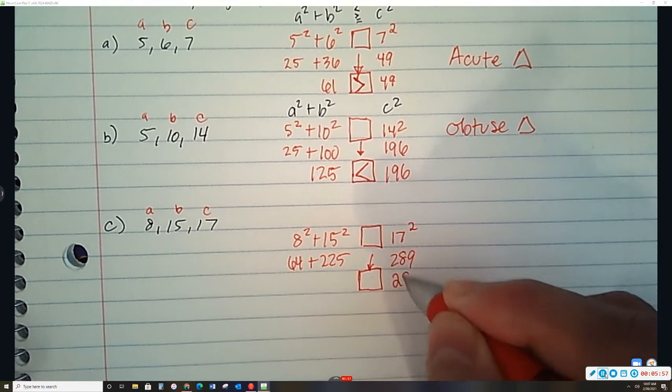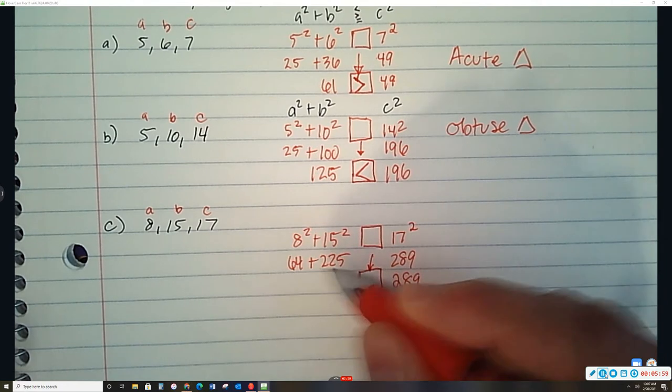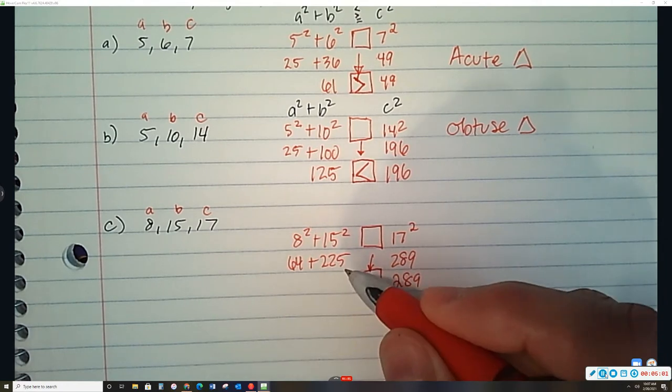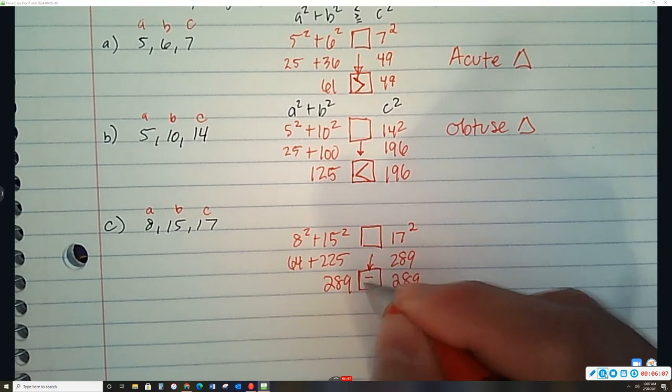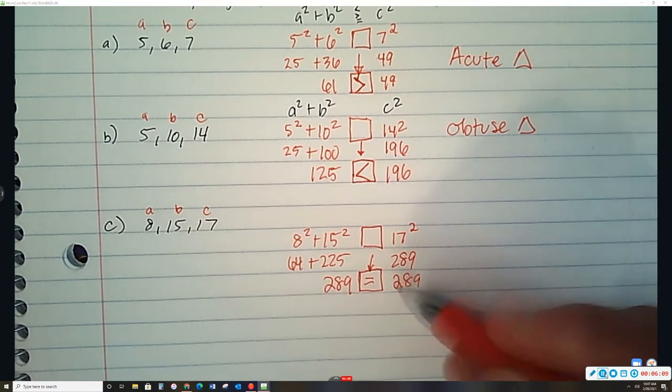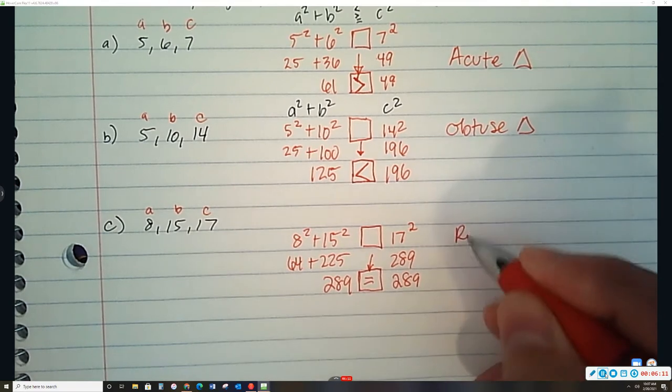Bring down the 289, add 64 plus 225, and you get 289. The two sides are equal, and when they're equal, that's a right triangle.